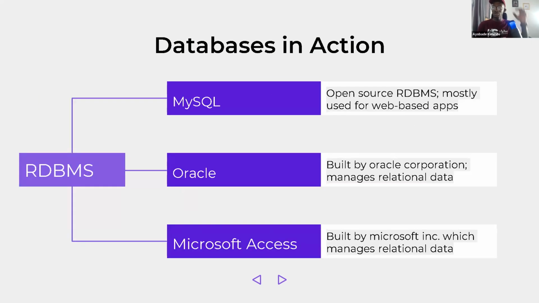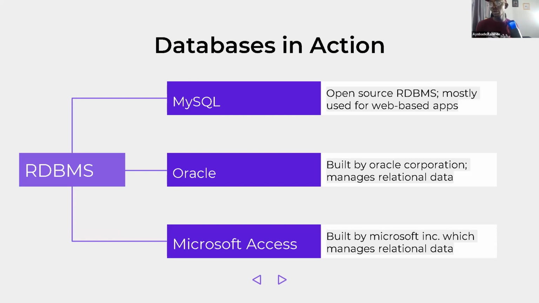Now, for database in action, we look at relational database management systems. There are so many of these kinds of systems in the industry. Many industries use them, especially for data analysis, data science, and the likes, or anything data. For example, MySQL, which means SQL query language, is an open source relational database management system.